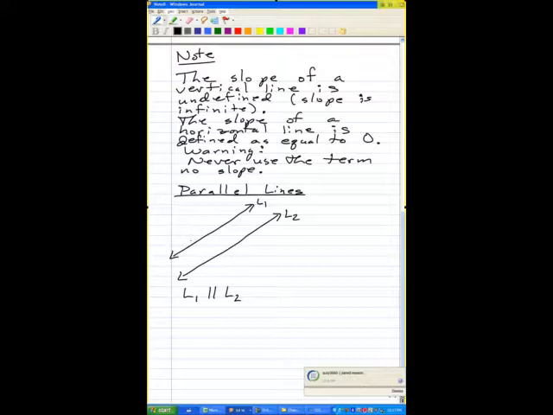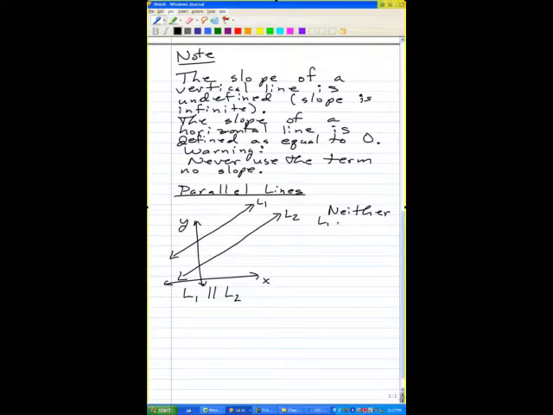Now let's draw this relative to some coordinate system. And suppose that neither L1 nor L2 are vertical lines.